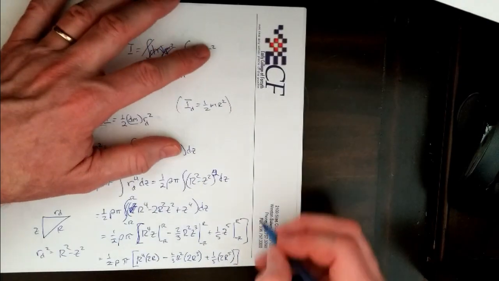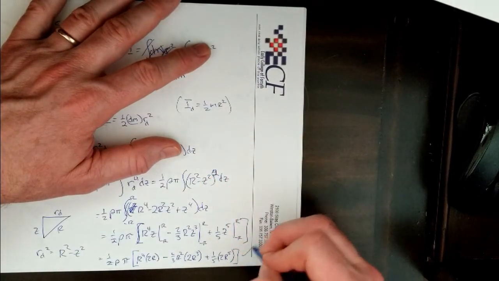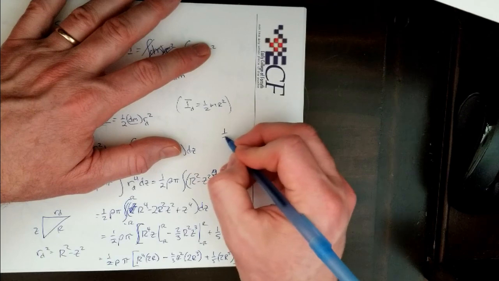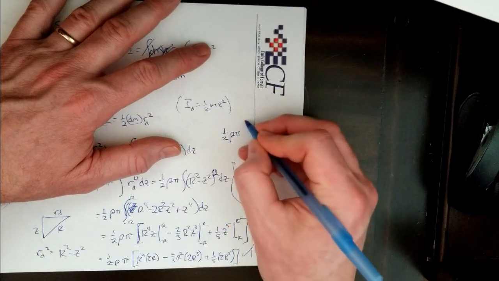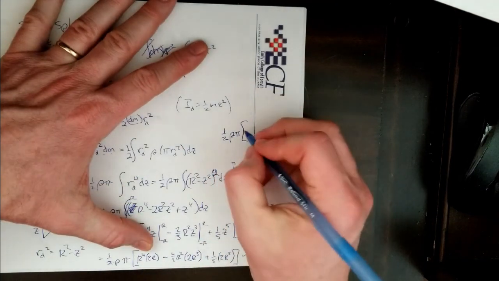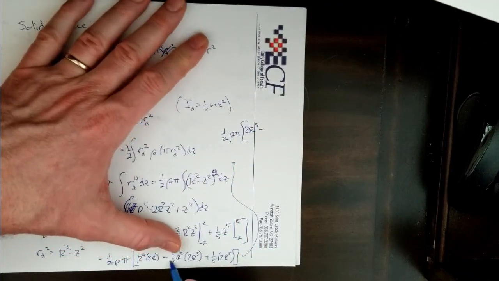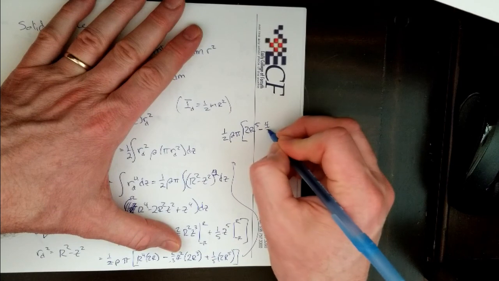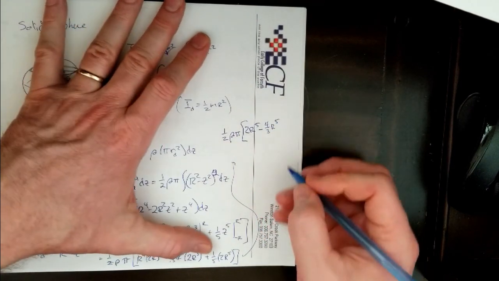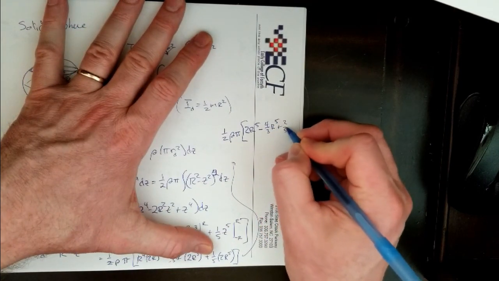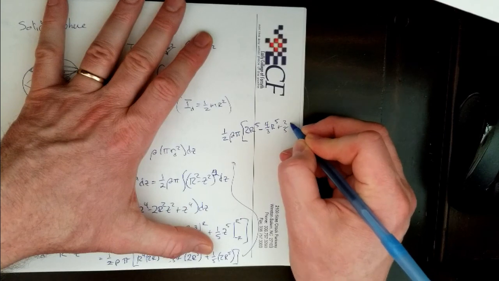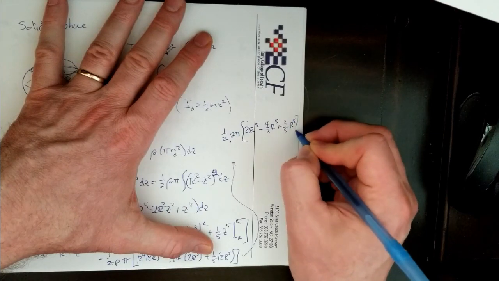We'll bring this up to here, so we end up with 1/2 rho pi times 2R to the 5th minus 4/3 R to the 5th plus 2/5 R to the 5th.